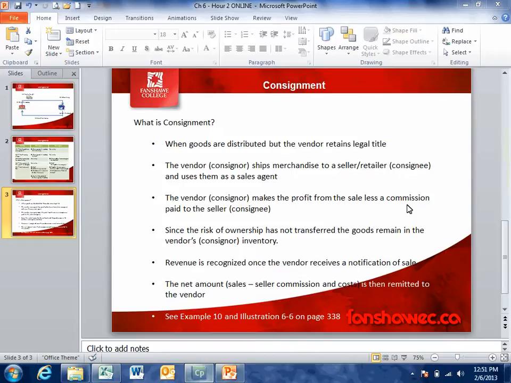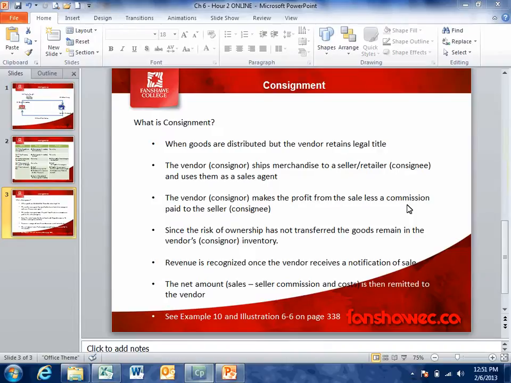We remember that from the overview. Obviously, the consignor, the person sending the inventory, is going to be the one to record the sales revenue, right? The consignee, the person selling, their revenue is generated through commissions. So they're not going to show a sales revenue figure, they're just going to show a commission revenue, okay?